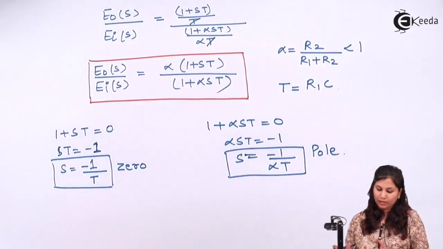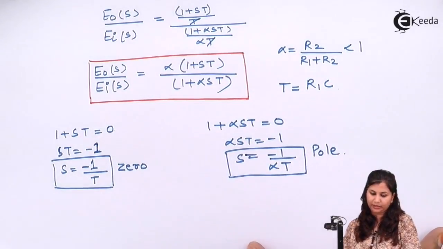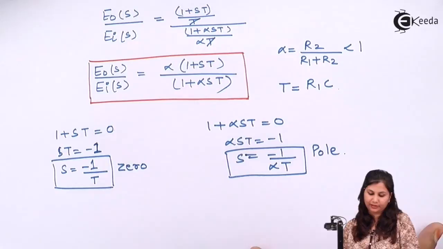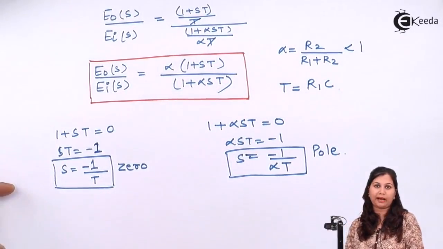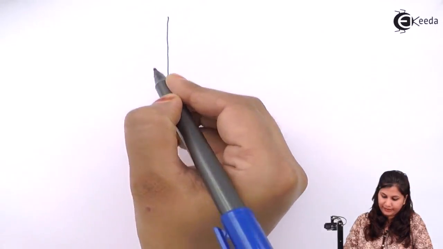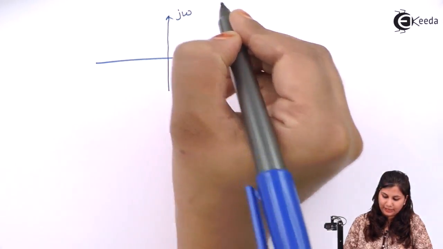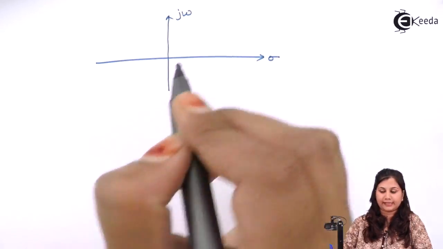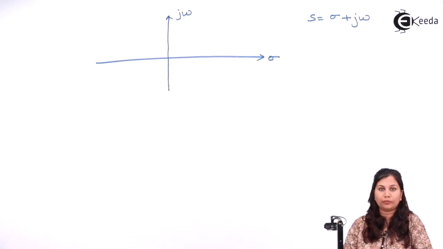If we want to represent these zeros and poles in the S domain, how can we do it? A zero is represented by a circle and a pole is represented by a cross sign. So it is the S plane. This is the imaginary axis and this is the real axis, because S equals sigma plus j omega.